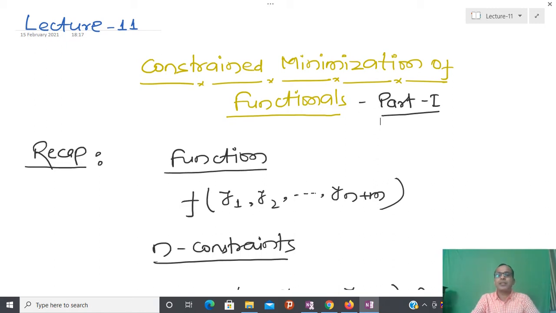Constraint means suppose I have an n-dimensional system, meaning I have n state variables, but I have only m control inputs. And you are all well aware that whenever we are solving a control problem, only the control input is in our hand. So whenever we are defining the functional, it has n plus m functions.